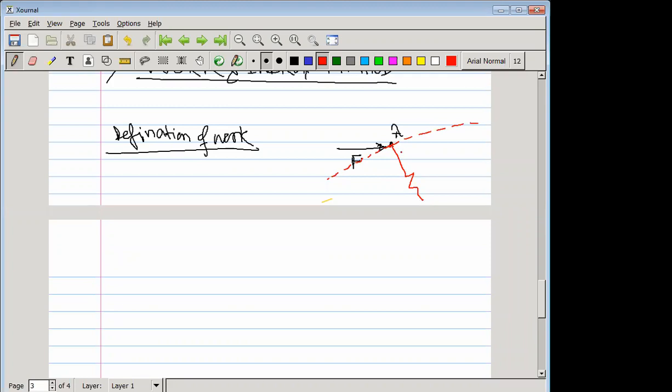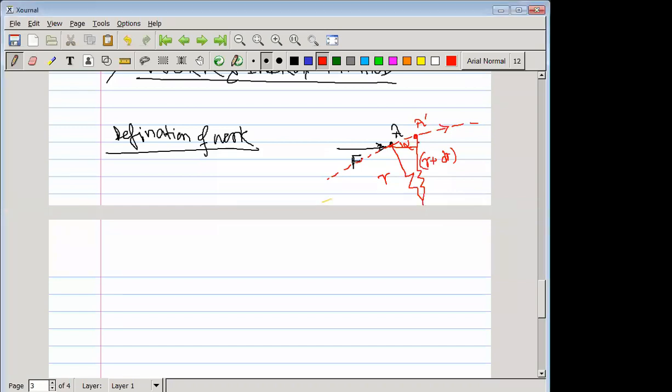When the particle moves in this direction, consider the new position to be this one, which has a different radius of r plus dr with an angle of alpha.